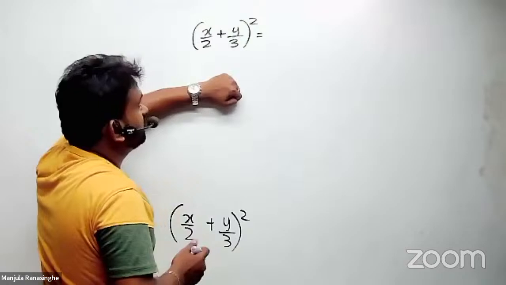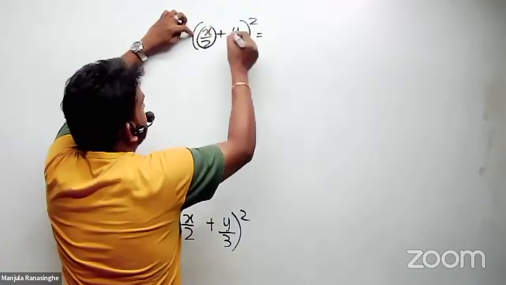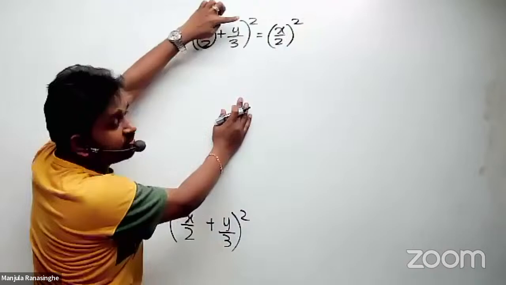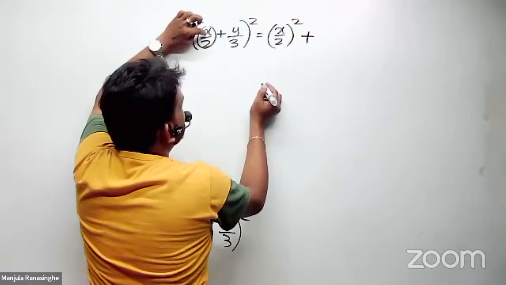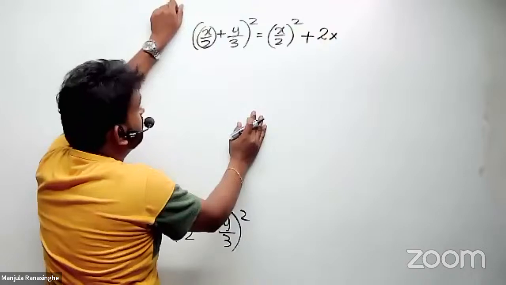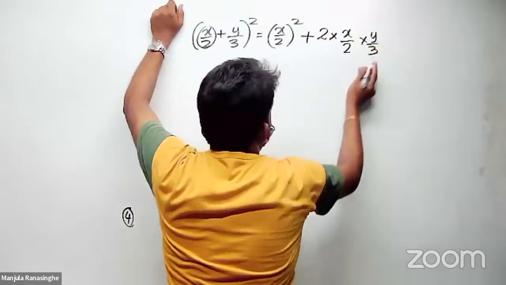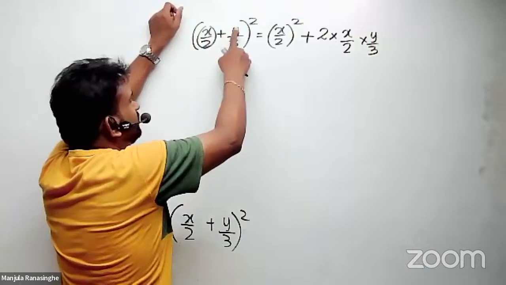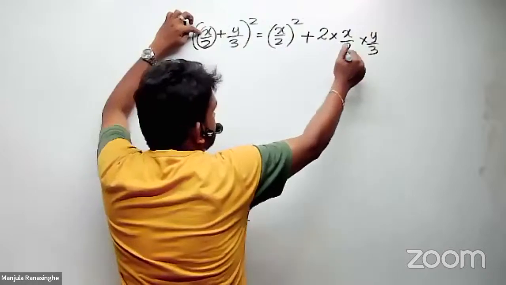How to find the value here? First term squared, I write x upon 2 squared. Plus 2 into the product of the terms: 2 into x upon 2 into y upon 3.